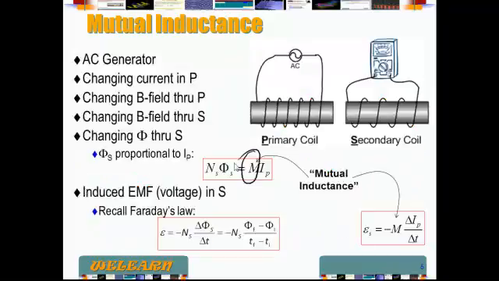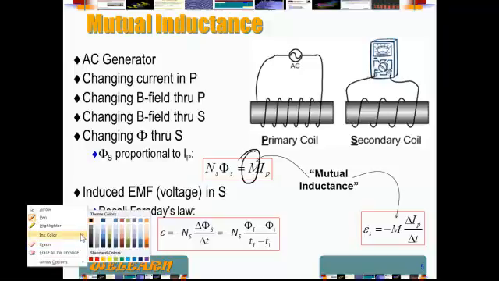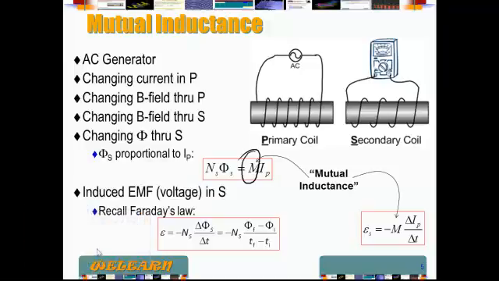That constant M is what we call the mutual inductance between both coils.